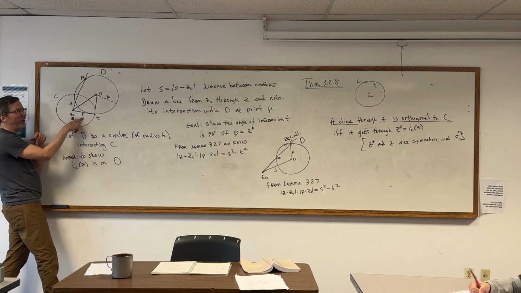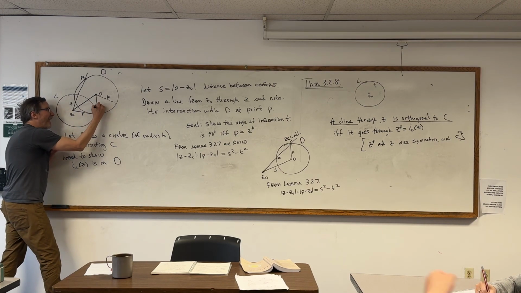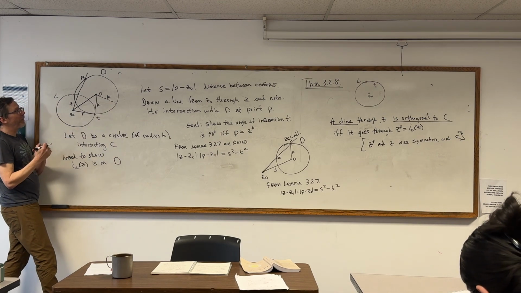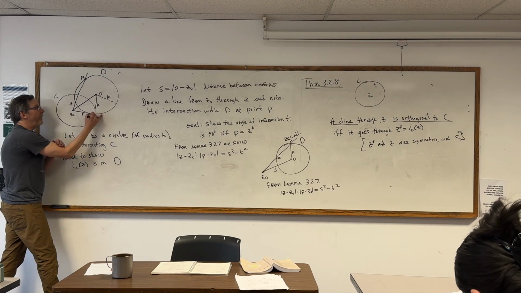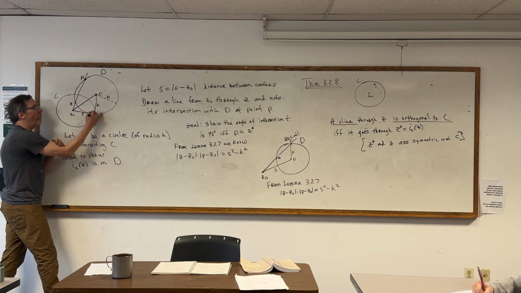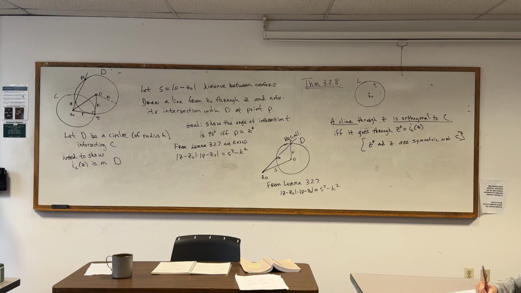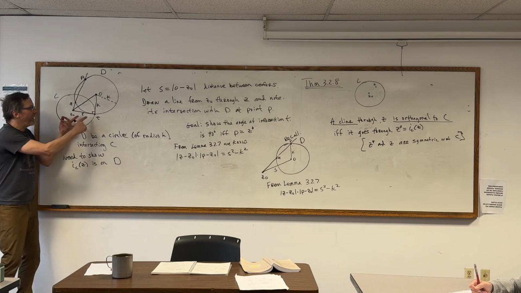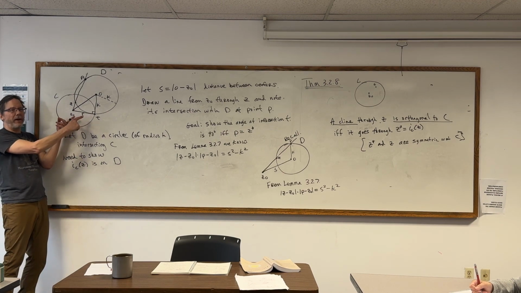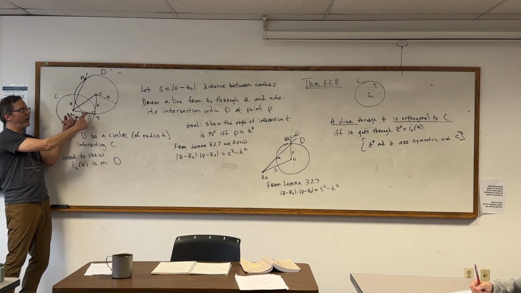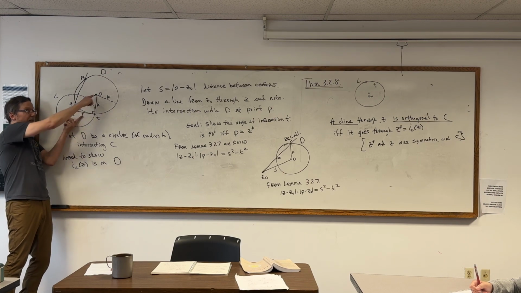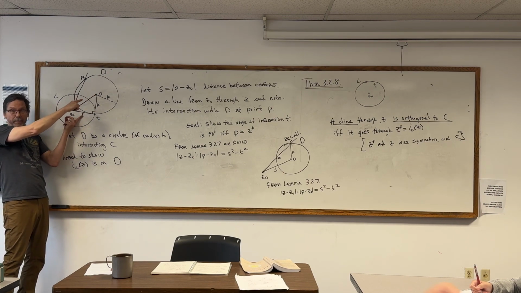But C is a circle of radius R. This one's a radius K circle. And when would this be a right angle? What would it mean for that to be a right angle there? Do you see any triangles floating about? Yeah. If this is a right triangle, what does Pythagoras tell us? That this squared plus this squared is that distance squared right there.